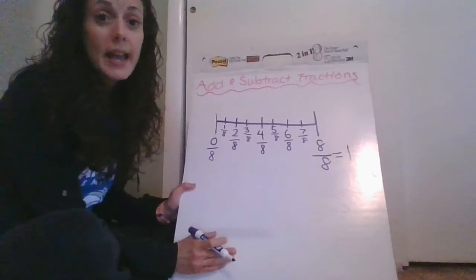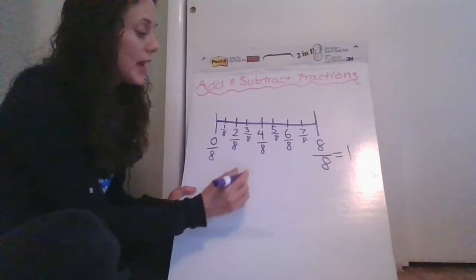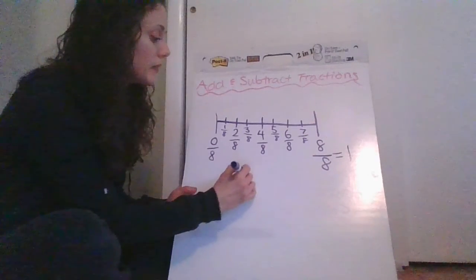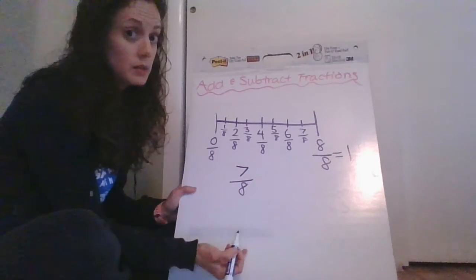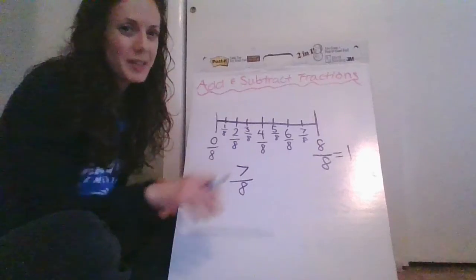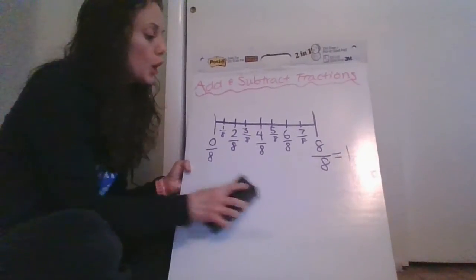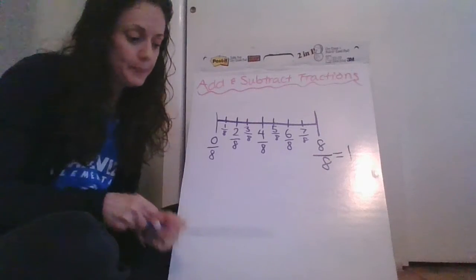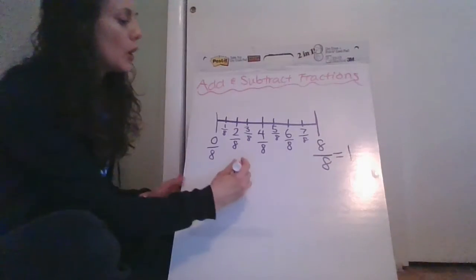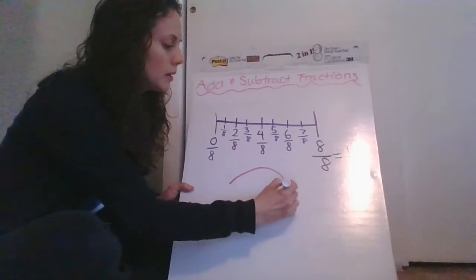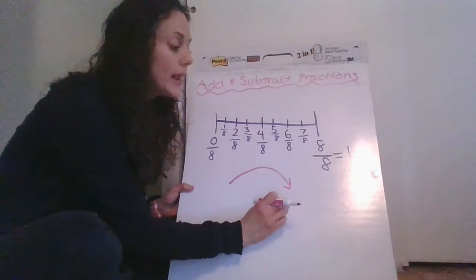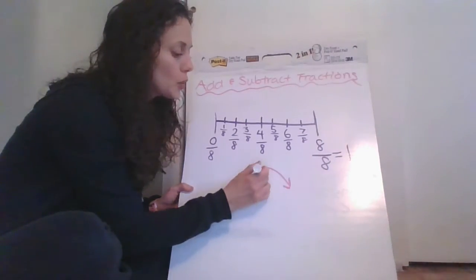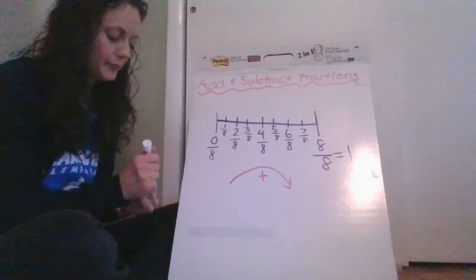So let's say I have a subtraction problem that is 7/8, right? I have a better idea. Because on the work, you're going to see arrows on the number line. Any arrow that is going to the right like this shows addition.